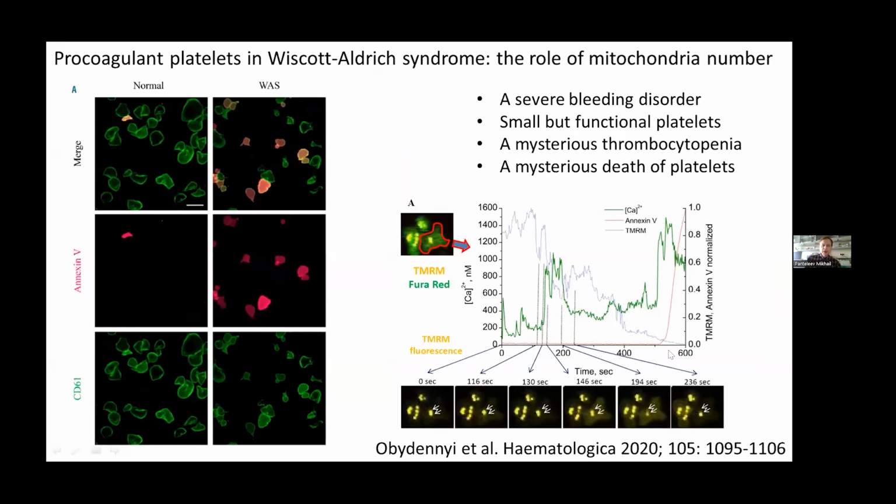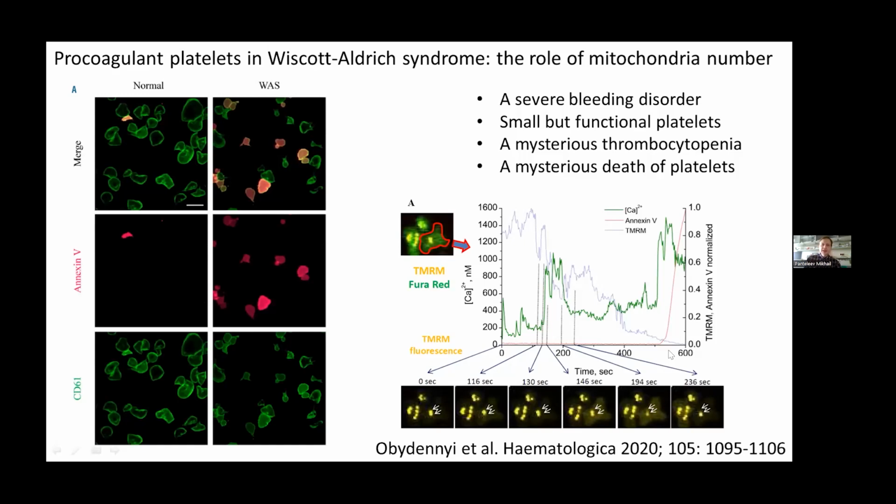Later, we were able to investigate problems of patients with Wiskott-Aldrich syndrome, who undergo treatment in our center for Children's Hematology in Moscow. Wiskott-Aldrich syndrome is an inherited disorder that combines bleeding and immune deficiency.